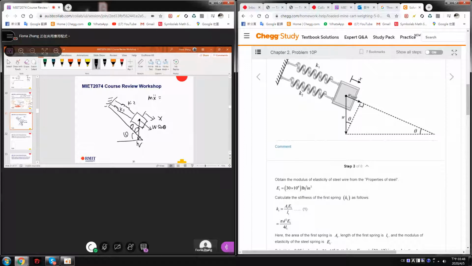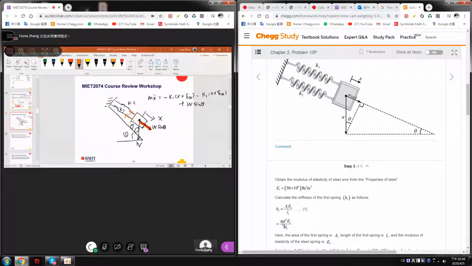The spring force here is negative k1 x plus, if you consider the static deflection, so this is a real force, k2 x plus. They are at static equilibrium, right? Okay, then plus W sine theta, right? Because here you have W sine theta and then you have two spring forces here. Okay.